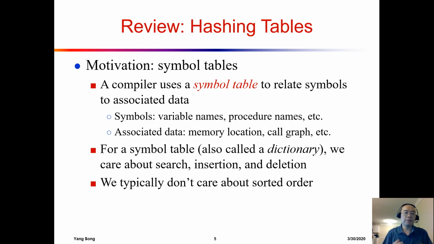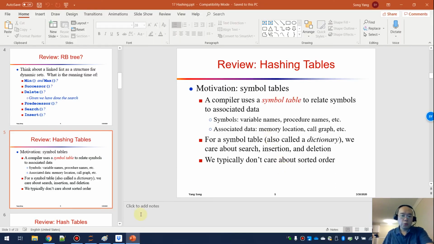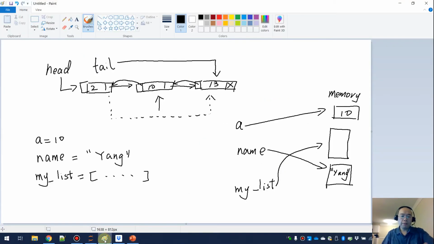So for this kind of symbol table, which sometimes we may also call a dictionary, what we have to do is search, insertion, and deletion. To do a search, for example, if I'm using another line of code, say a equals a plus 2. Okay, so I'm just taking the value of a, adding 2 to the current value, and then putting it back to a, right?